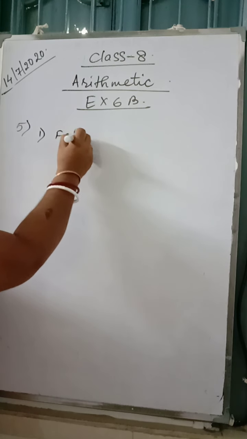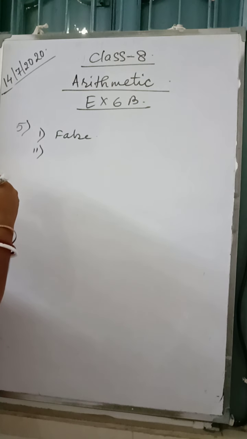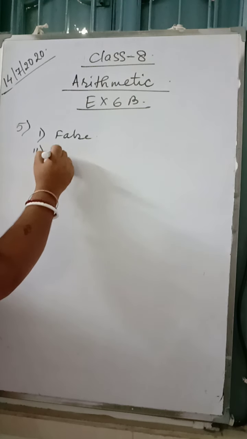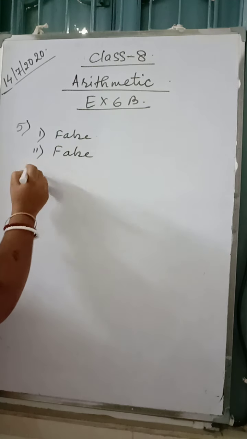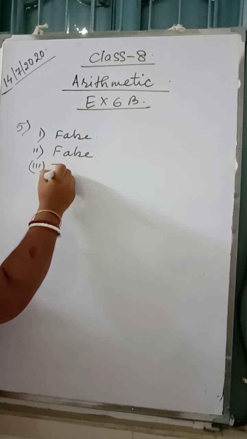First is false. Second it says B is a proper subset of A. No, B has certain members which are not in A. So this is also false. Number 3, A is a proper subset of C. Yes, it's true.